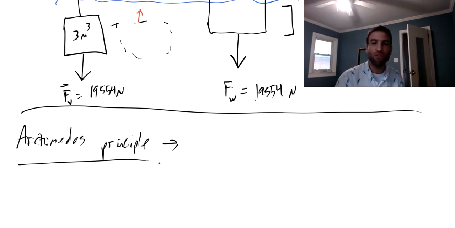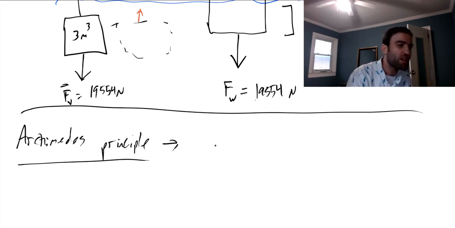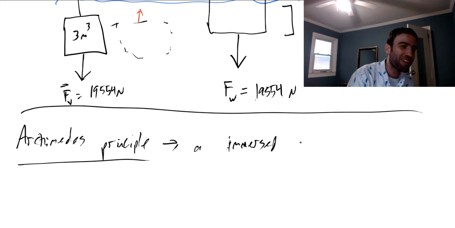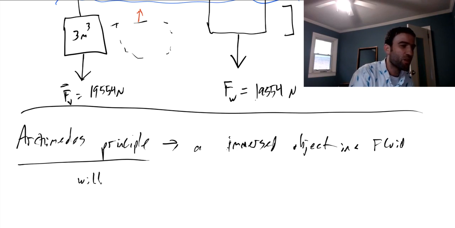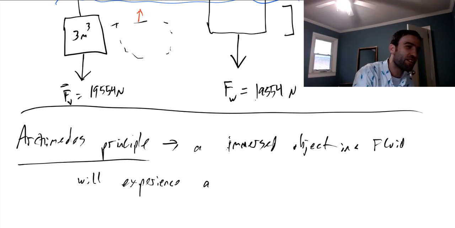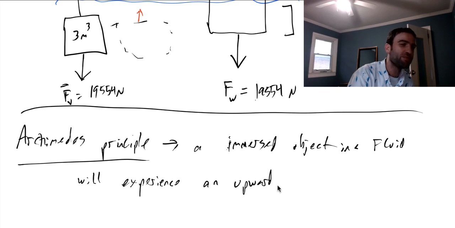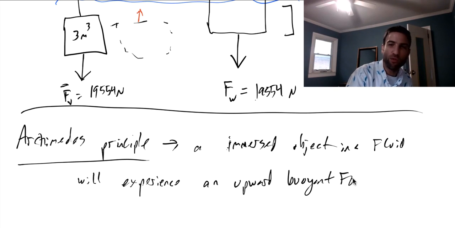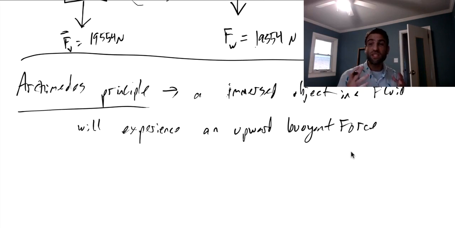Which is the idea that if you have an object which is totally submerged in a fluid or partially submerged in a fluid, an immersed object in a fluid will experience, not necessarily a net, but will experience an upward buoyant force, which is equal to the weight of the volume of fluid that object displaces.